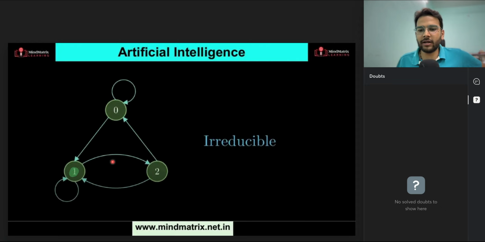And 1 is already a recurrent state, 2 is also a recurrent state. Can I say all the states present in this Markov chain are recurrent states? Yes or no? So now, if all the states present in your Markov chain are recurrent states, we call it an irreducible Markov chain.